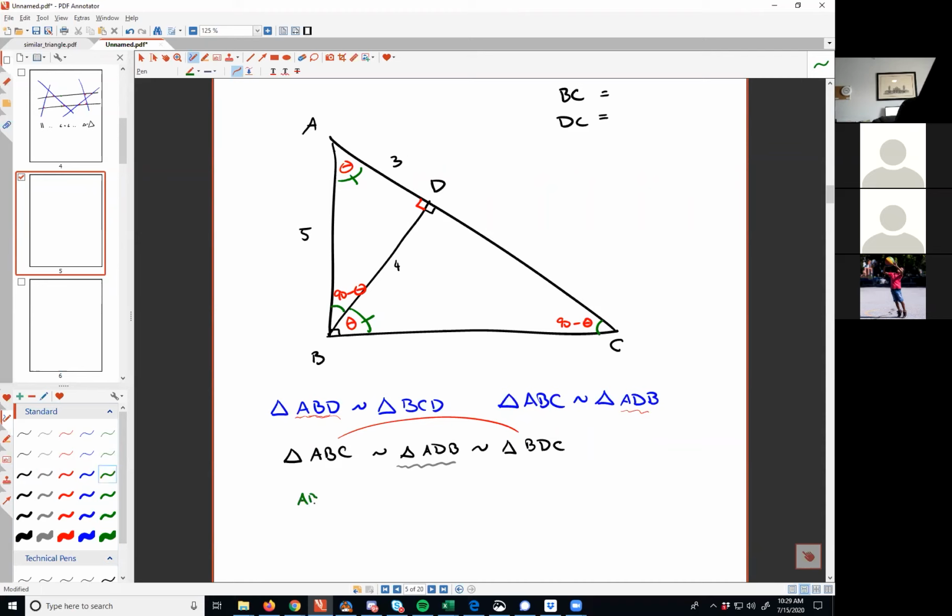We have AB over AD is equal to AC over AB, and that's equal to BC over DB. And we're looking for BC. So let's see, do we have enough information already? We do.